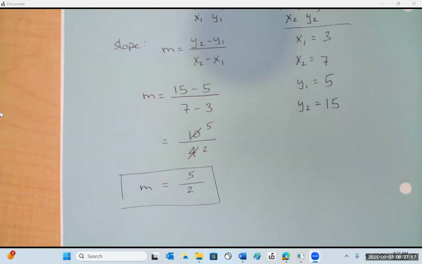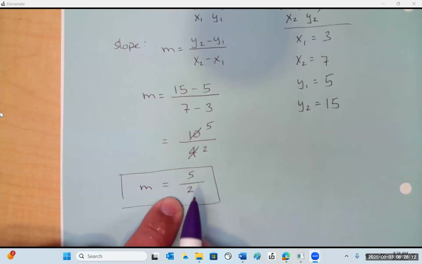Anybody? What is a slope? Very good. It's rise over run. This tells us exactly the relationship between the points.